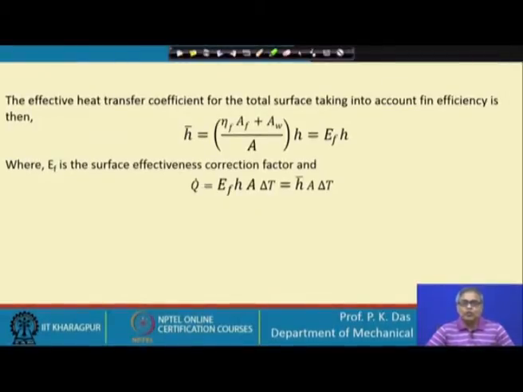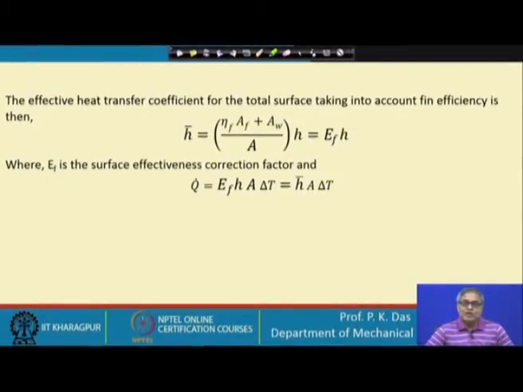It is always easy to deal with a constant delta T. We will not consider a variable delta T along the surface of the fin. We will consider only a constant delta T along the surface of the fin.